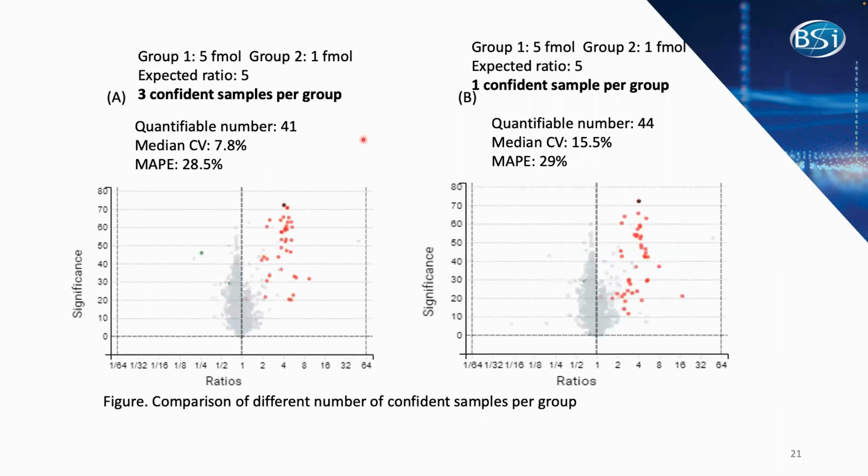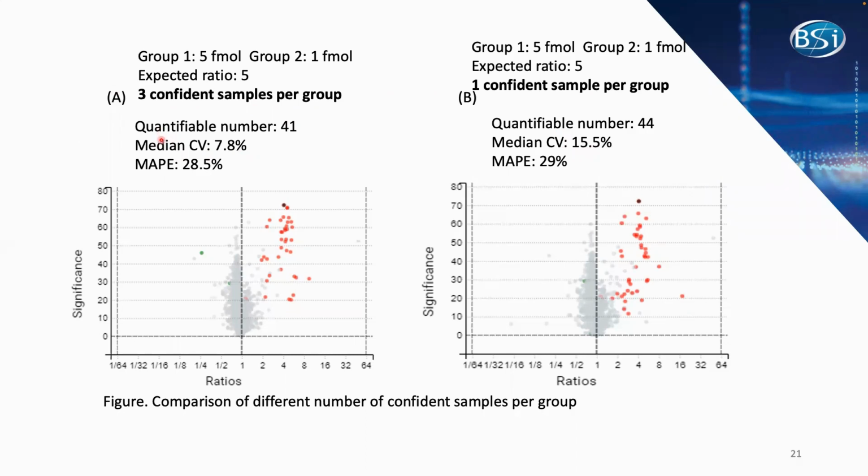Similarly, when applying strict filters when setting up a quantification analysis, in this case, one condition requires 3 confident samples per group, and another case requires 1 confident sample per group. The median CV was increased from 7.8% when 3 confident samples were required per group to 15.5% when only 1 sample was required per group.